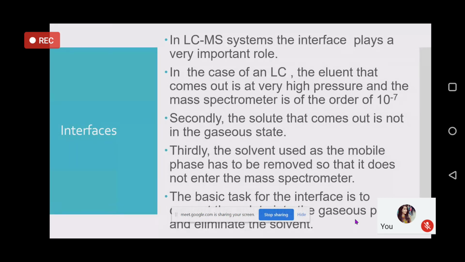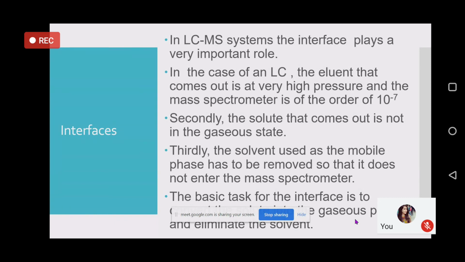So the possibility of the solvent vapors going into the mass spectrometer along with the regular molecule has to be eliminated. Otherwise, the fragmentation of the solvent will occur, and you will also get the fragmented solvent molecules in the mass spectrum.